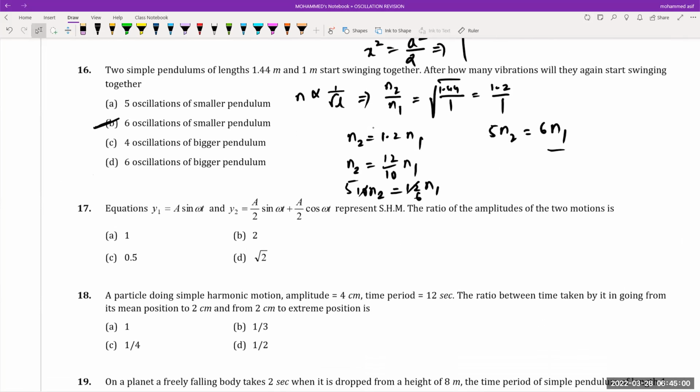17th one देखो. The equations y1 is equal to a into sin omega t and y2 is equal to a by 2 sin omega t plus a by 2 cos omega t represent SHM. The ratio of the amplitudes of the two motions is equal to how much?